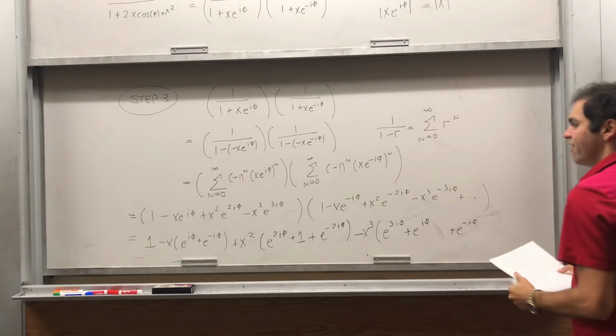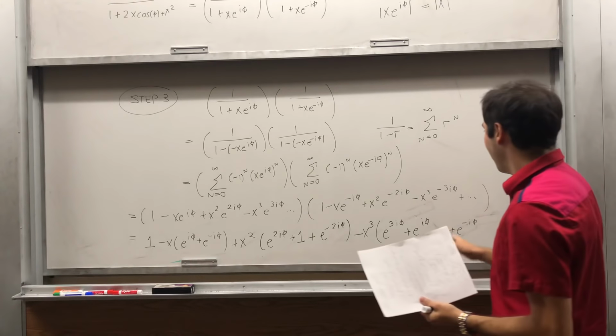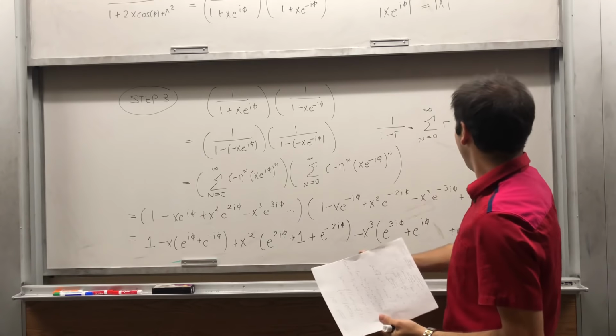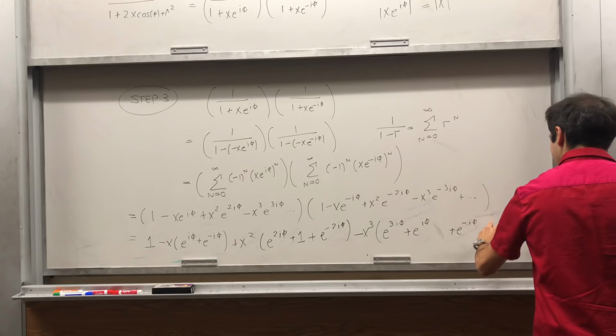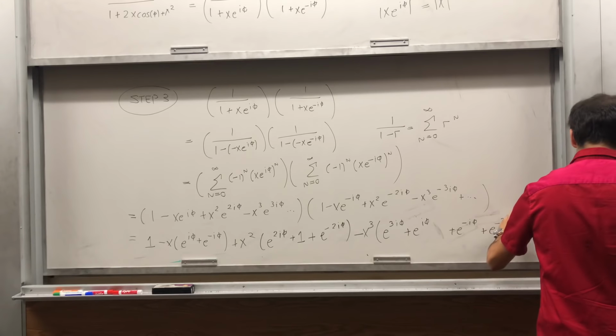And lastly, we have e to the minus 3 I phi times 1, so plus e to the minus 3 I phi.